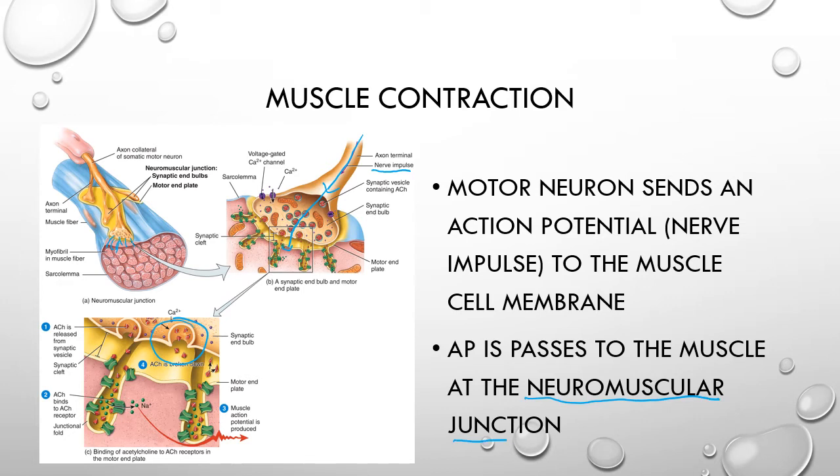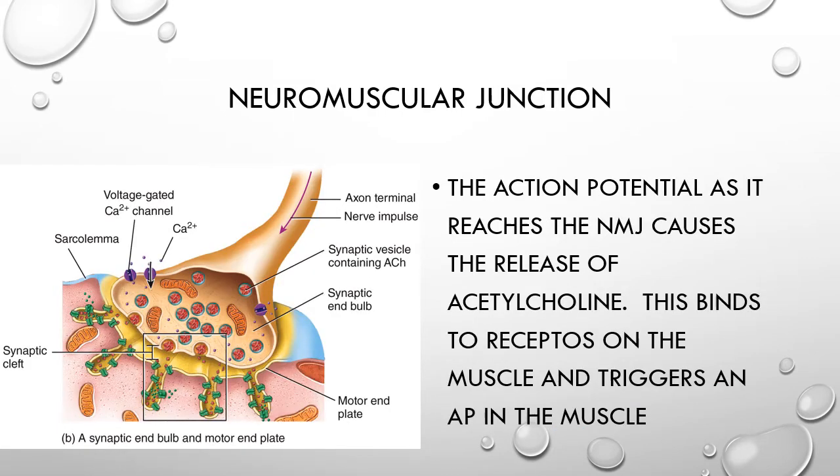That junction between the neuron and the muscle is our neuromuscular junction. In between, we have a little synaptic cleft, a little bit of space, and that's where we're going to transfer our signal in the form of chemicals, which then come over and bind to receptors as they move across that gap.